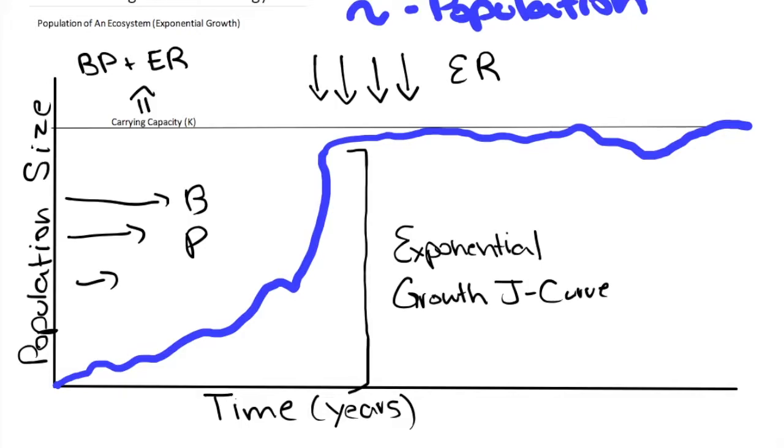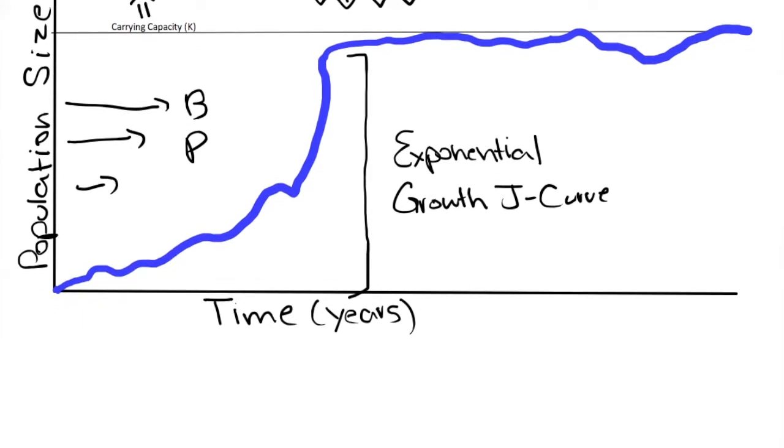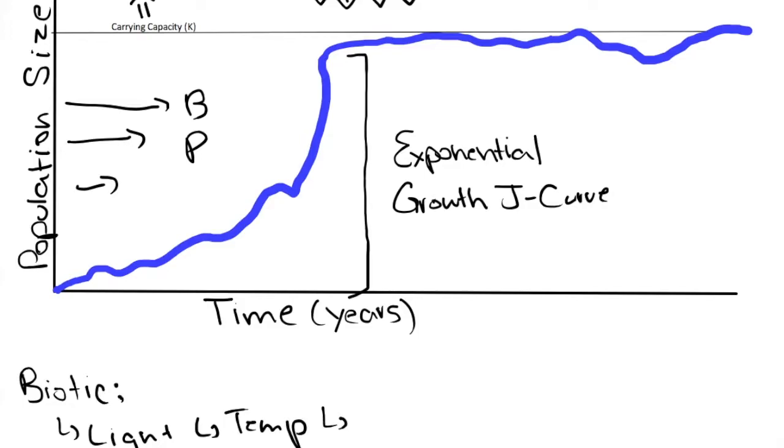So now let's look at what the different types of biotic growth factors are, and what type of different environmental resistance factors there are in an ecosystem. So starting off, some of the biotic growth factors of an ecosystem include, let's say, light, right? We also have temperature, right? Along with temperature, we also have the environment, right?